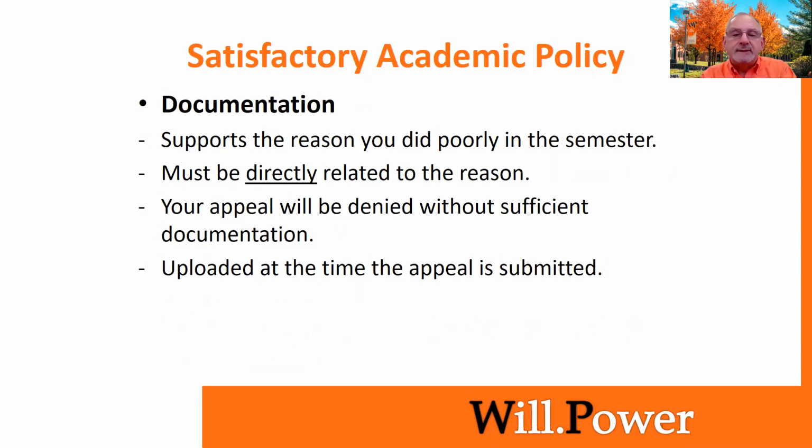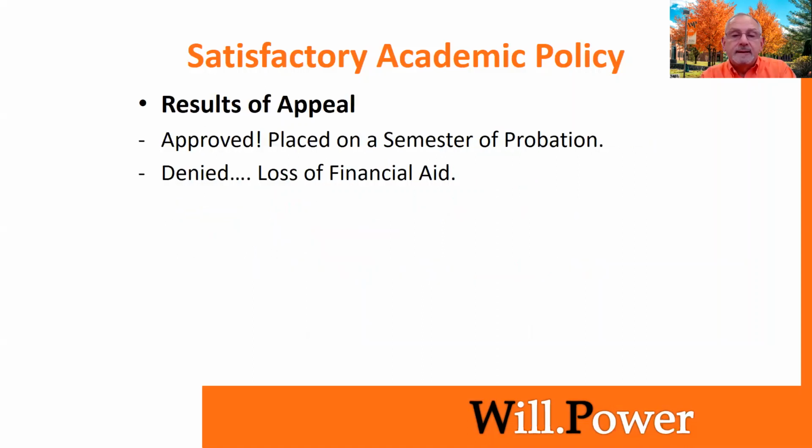The documentation must support the reason you did poorly in the semester. It must be directly related to the reason in your appeal. Your appeal will be denied without the sufficient documentation. And you have to upload both the appeal and the documentation at the time the appeal is submitted. So if your appeal is approved, you'll be placed on that semester of probation.